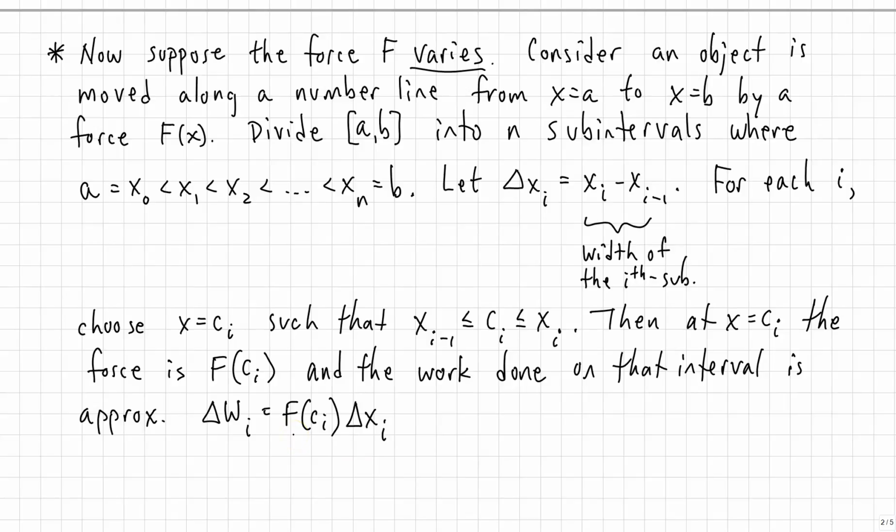So this is all within one subinterval. We've got the distance covered by that subinterval, we've got the force, so force times distance gives us work. Now that one x value is just approximating the force for that subinterval, so that's why this is an approximation.